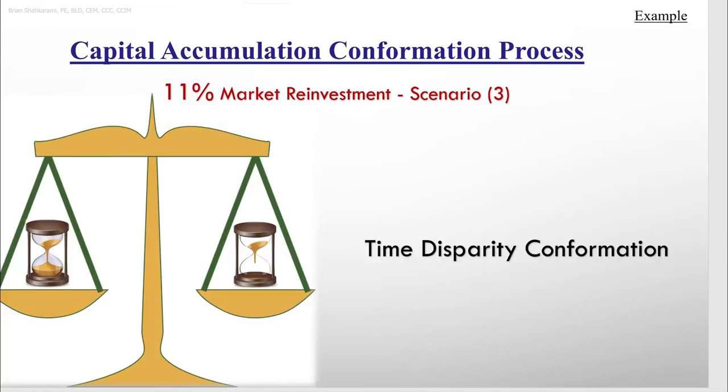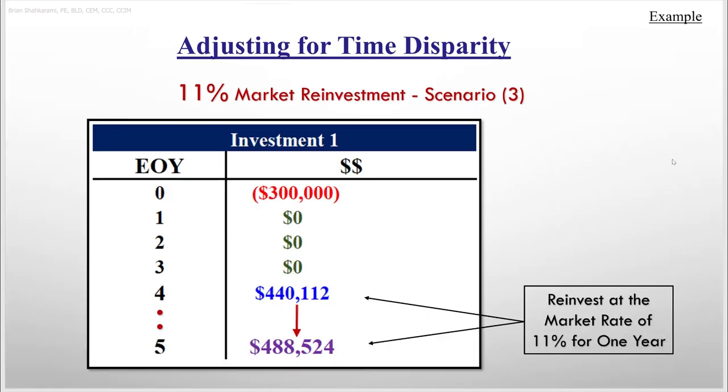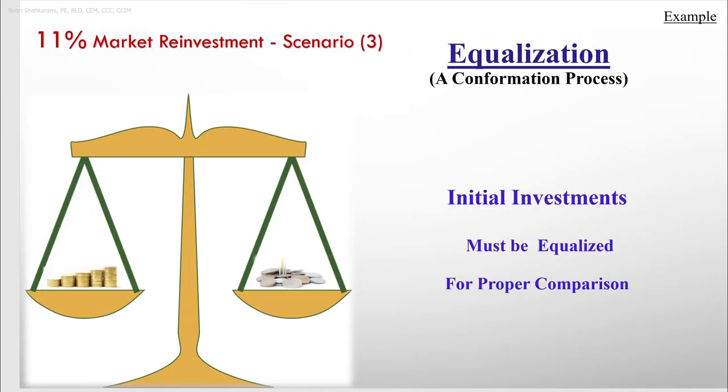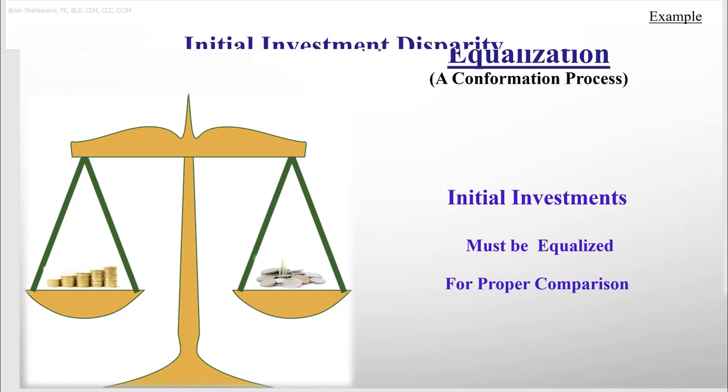We will then work to equalize the timing disparity. This is easily done by projecting the accumulated capital for year 4, 1 year into the future to year 5 at a market reinvestment rate of 11%. And that gives us $488,524.